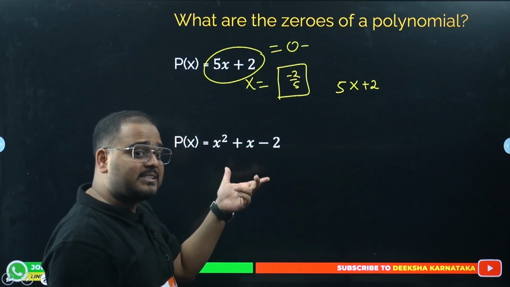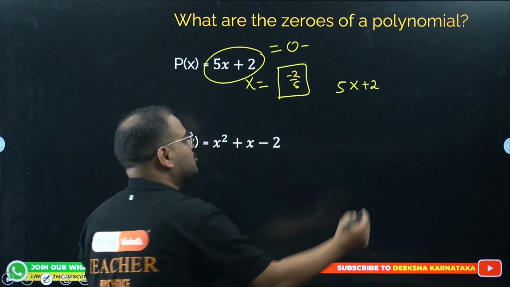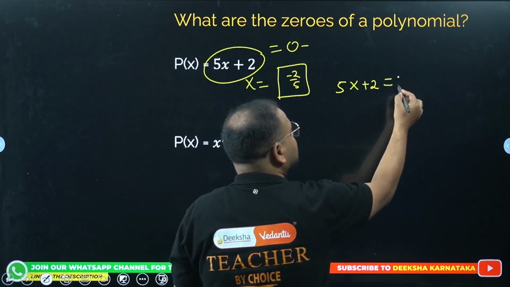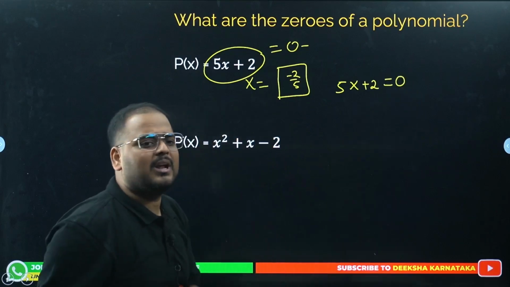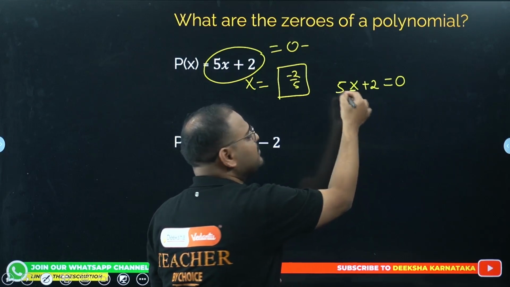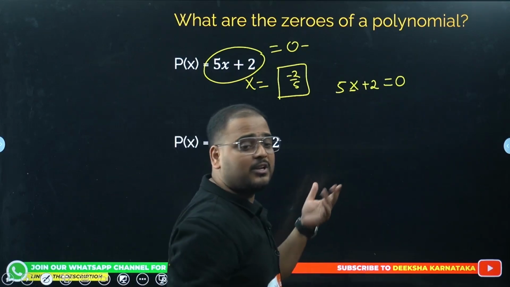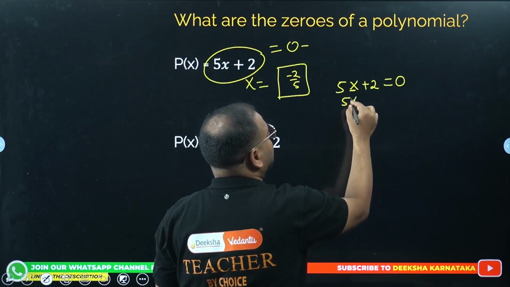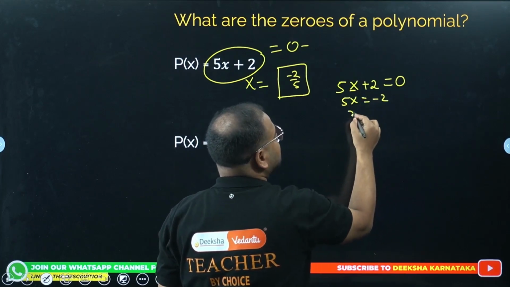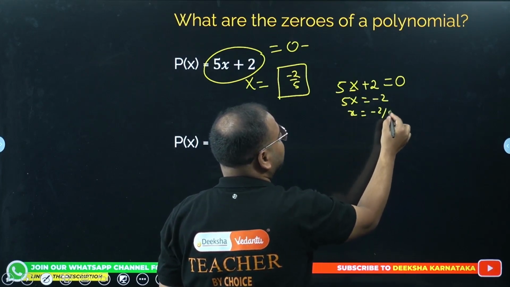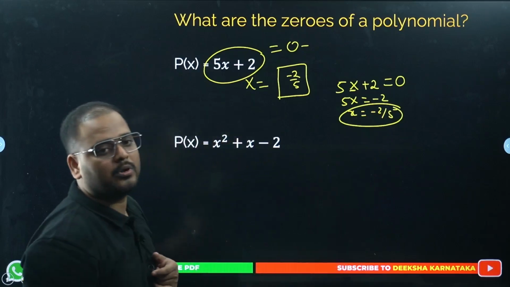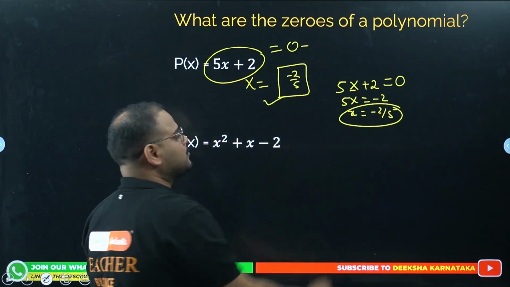Means whatever is x, it should make it equal to 0. So we're going to take it equal to 0. We are assuming, let's say this x here is making this expression 0. Now solve the linear equation. 5x equals minus 2, x equals minus 2 by 5. Our answer is known now. I wrote here minus 2 by 5.